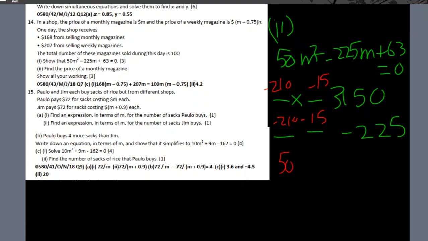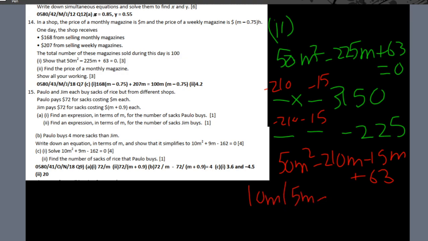So we'll get 50m square, break the middle term into this, and plus 63. So then what is common in the first two? I believe it's 10m, so 10m is common here. We're left with 5m minus 21, and then minus 3 is common, and we're left with 5m plus 20 minus 21.